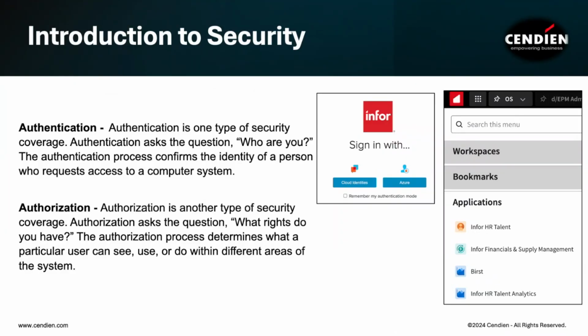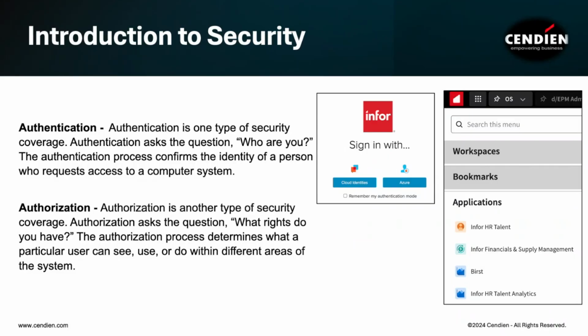So it's the introduction to Landmark Security. The purpose of security is to protect organizational digital assets and services from unauthorized access and changes. There are two types of security coverage in today's session: authentication and authorization. Authentication asks the question, who are you?